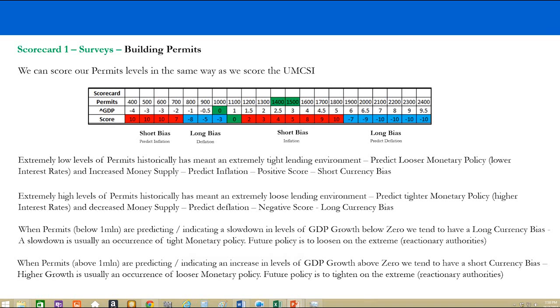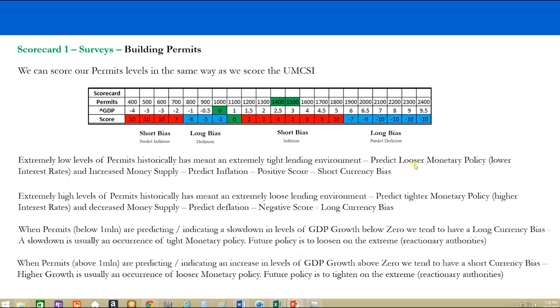We have four main areas. And you can see we have our extreme areas here. And extremely low levels of permits historically have meant a really extremely tight lending environment and deflationary conditions.